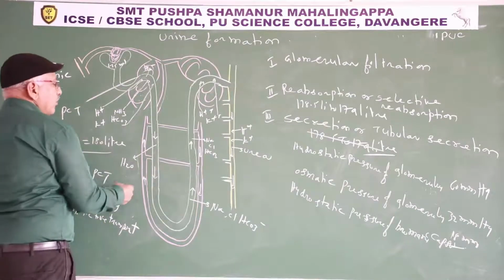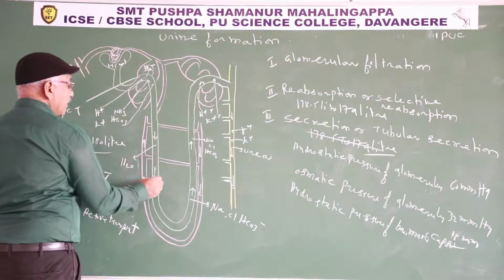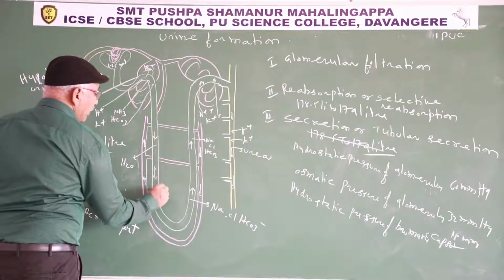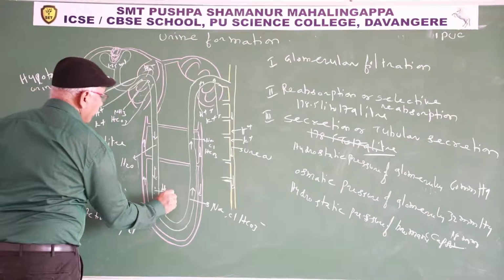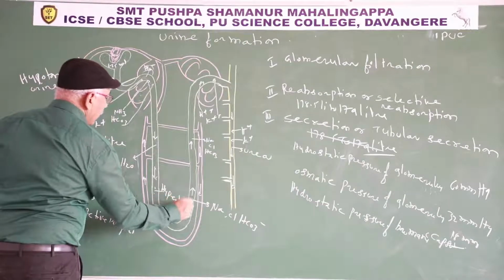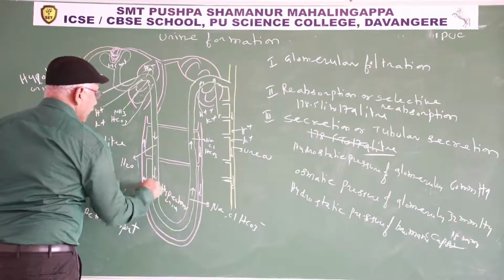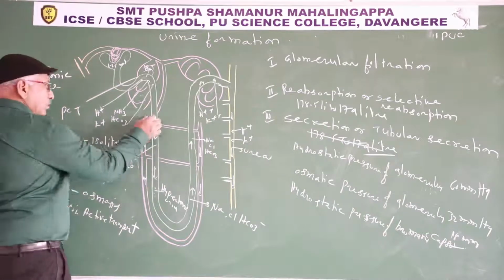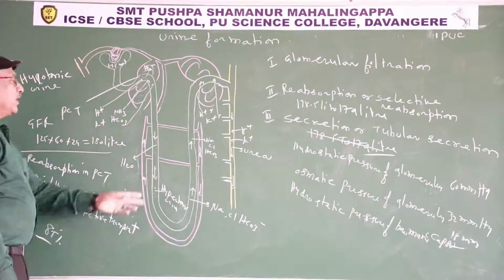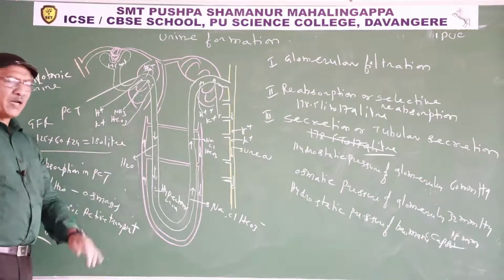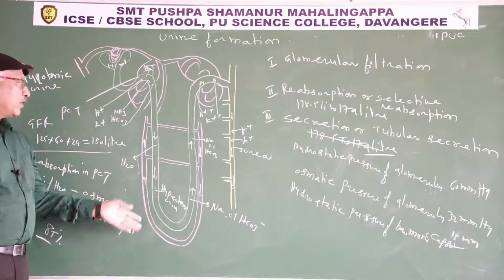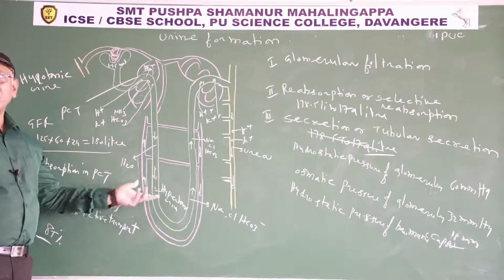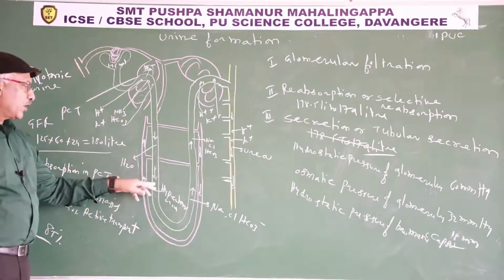The descending limb of loop of Henle is almost impermeable to electrolytes. No movement of electrolytes, sodium chloride, bicarbonate, neither into the lumen nor from lumen to exterior. While primary urine is passing through the descending limb, sodium chloride, bicarbonate, different types of electrolytes are reabsorbed into medullary fluid.